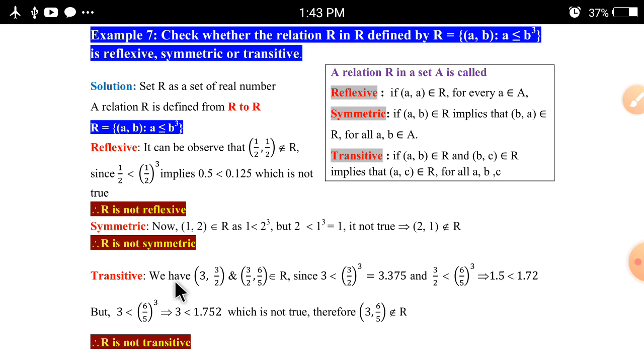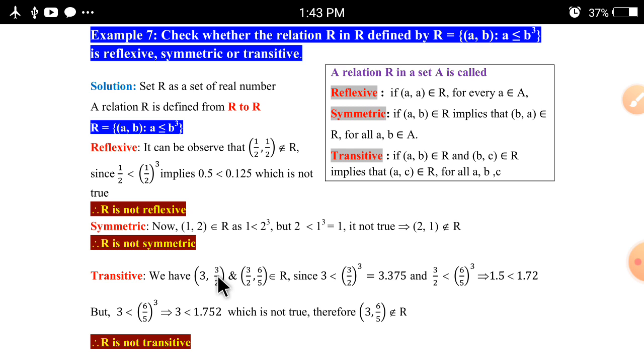Okay, then we'll go to transitive. Now we take two ordered pairs such as (a, b) and (b, c). So take (3, 3/2), which we will compare with (a, b). 3 and 3/2 are real numbers.